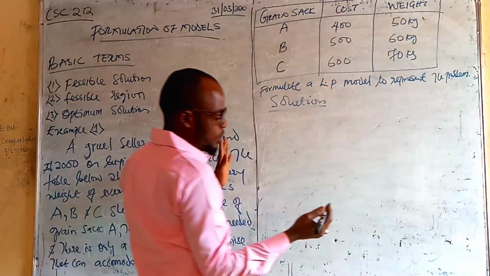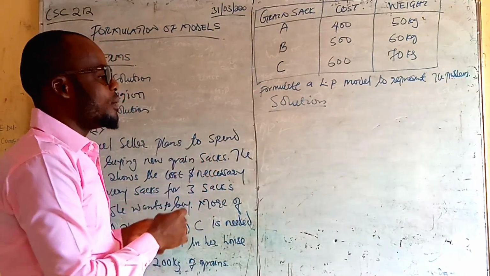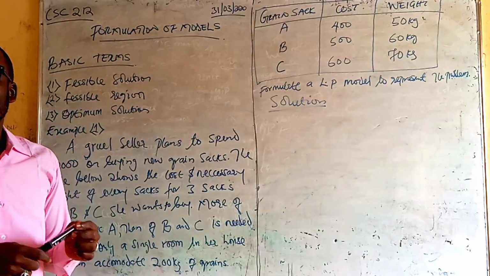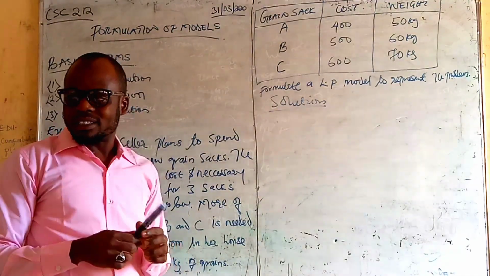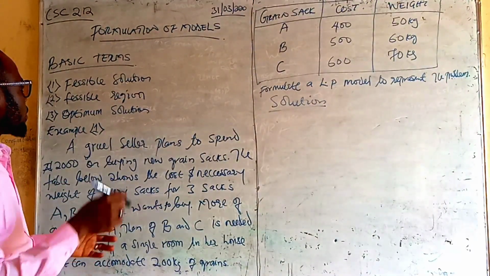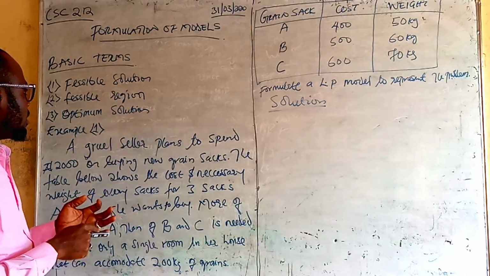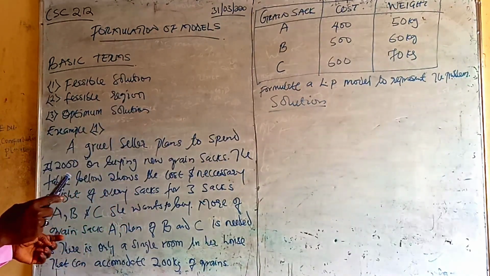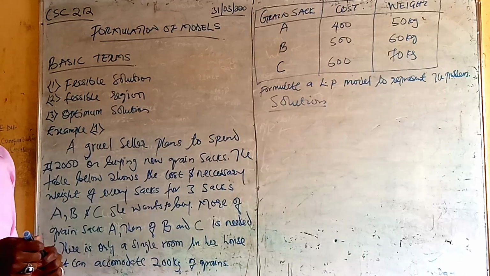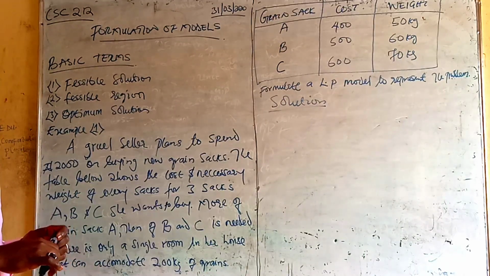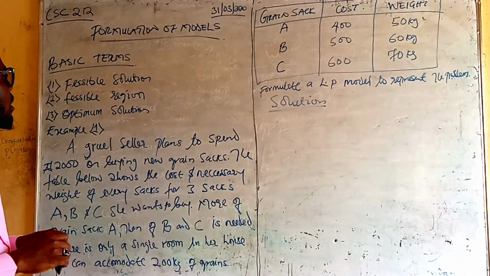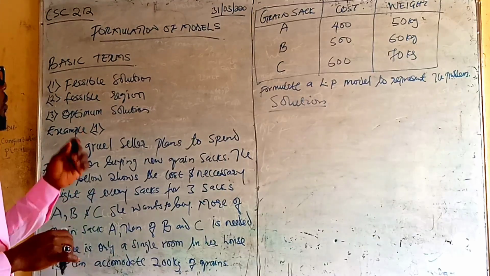In the formulation of linear programming, we stated that the first step is to identify the constraints. How could we identify them in this problem? We have the grain sacks, then the cost of each one, and then the weight. So we are going to let X be the grain sacks of A, let Y be the grain sacks of B, likewise the C.